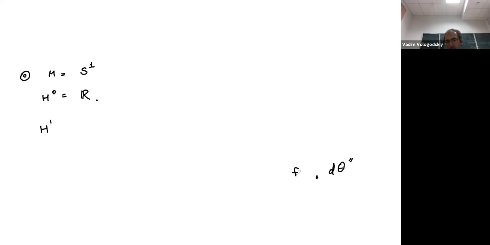And any one form is closed because there are no two forms. So we have one forms on the circle, and I also have functions on the circle. There is this map d, which takes f to df.